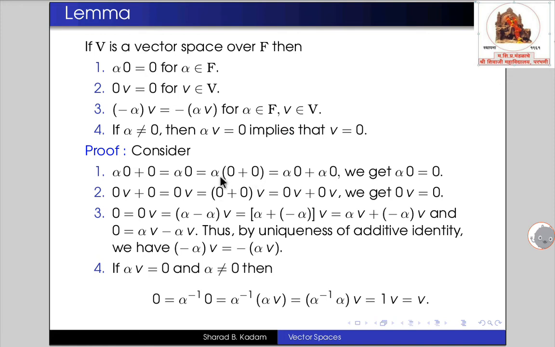And we know that alpha into V plus W equals to alpha into V plus alpha into W. That is why alpha into 0 plus 0 equals to alpha into 0 plus alpha into 0. So by the cancellation law, we cancel this alpha into 0 and this alpha into 0. So we get 0 equals to alpha into 0.